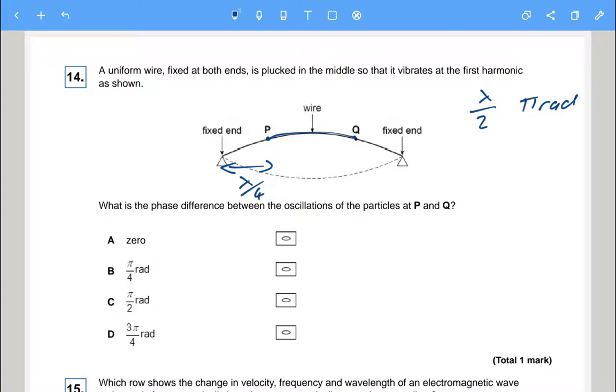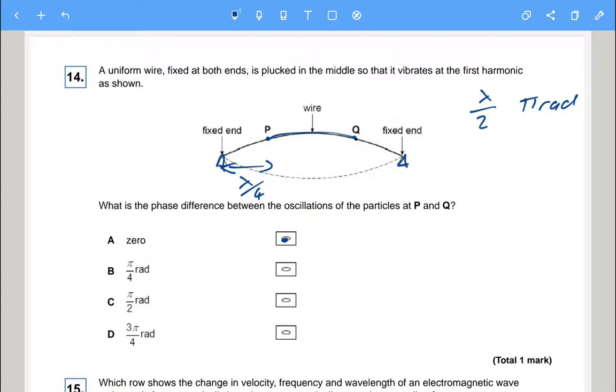But there isn't, because this is actually a standing wave. And in a standing wave, if you are between two nodes, which we are, P and Q are fixed between a node there and a node there. So it's on the same half loop. So they're actually in phase all the time, no matter what. So the phase difference between the oscillations between P and Q is 0.